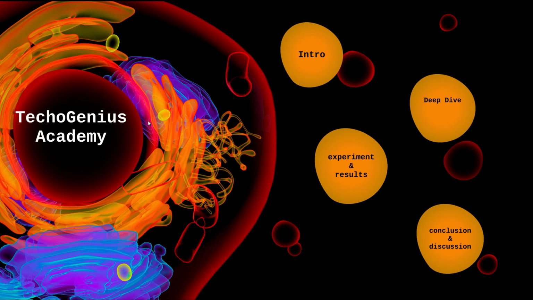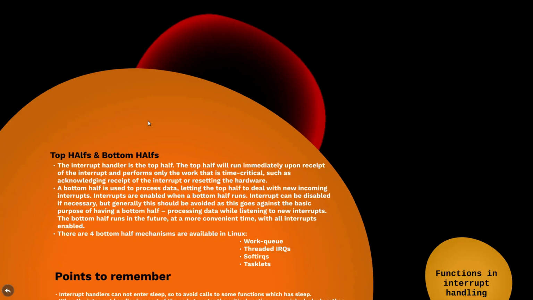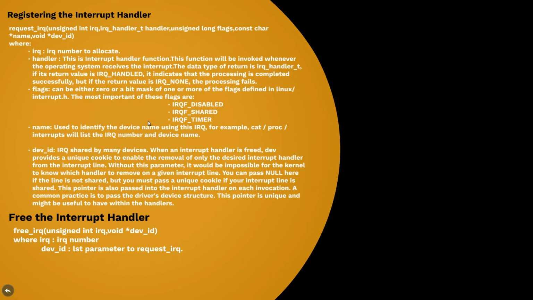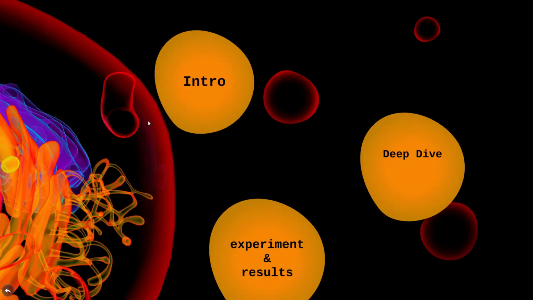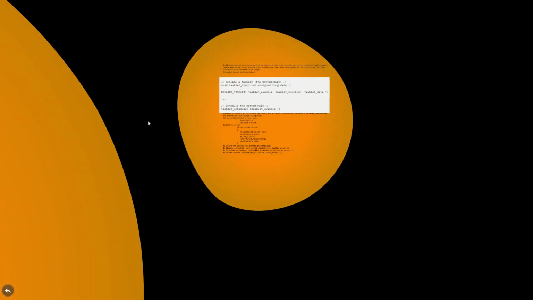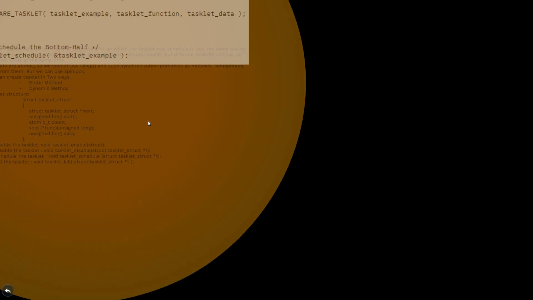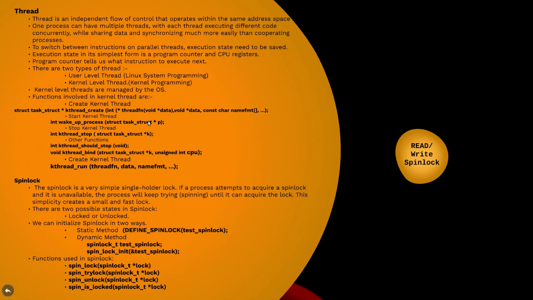So let's get started. We have discussed all this interrupt handling and these functions, and moreover the bottom halves, in which we discussed the tasklet and how we can declare the tasklet and how we can schedule it. Today we'll start from thread.